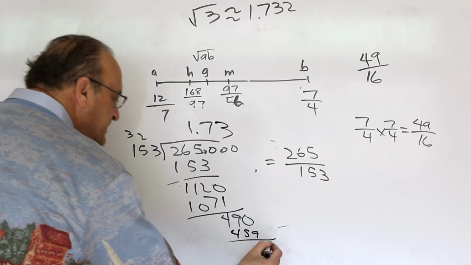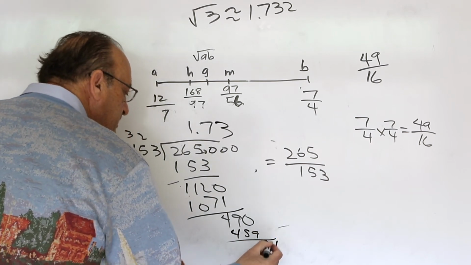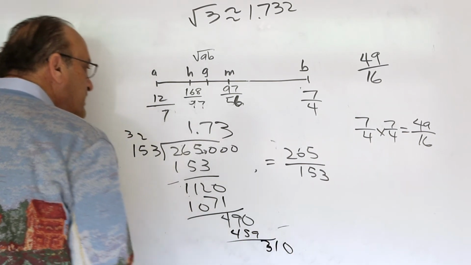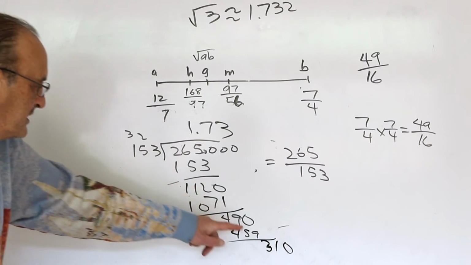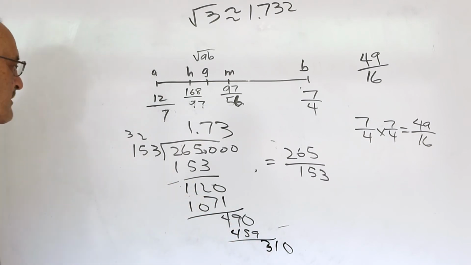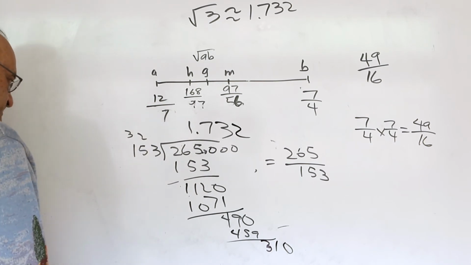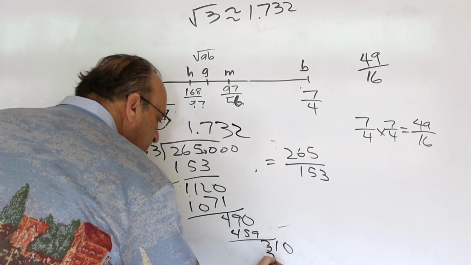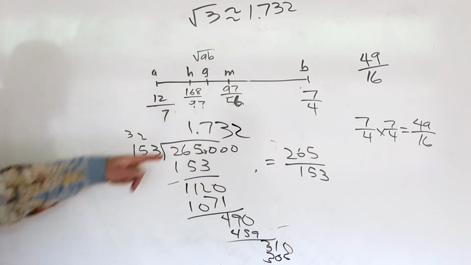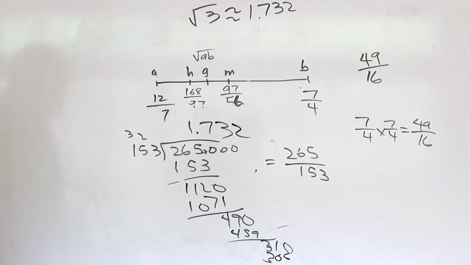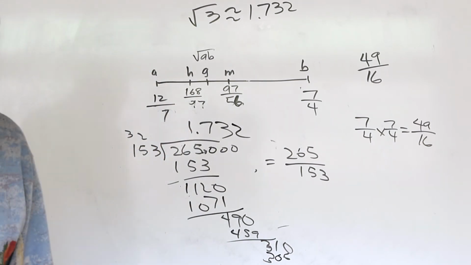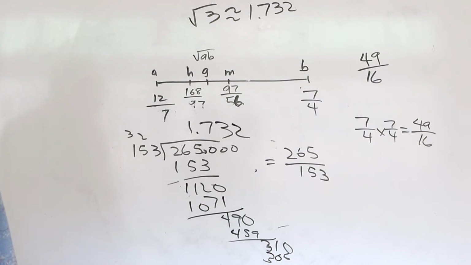Subtract, we're going to get 31. Bring down a 0. We're expecting this to go in there 2 times. 2 times 153 is 306. So very close. So we successfully hand calculated the square root of 3 to 3 decimal digit accuracy.